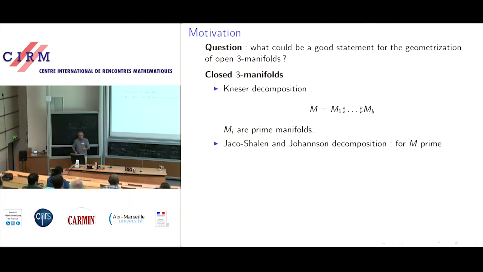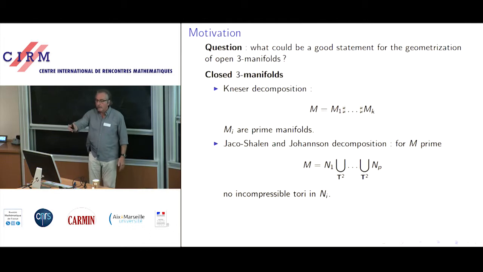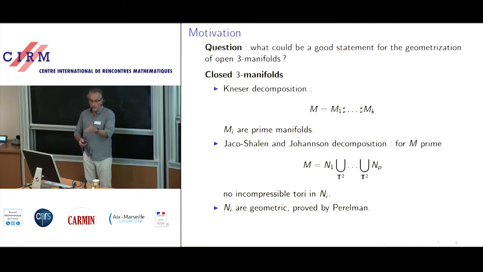And one which is due to Jaco-Shalen and Johannson, where you decompose a three-manifold along a bunch of incompressible tori into pieces which are geometric. This is the geometrization, in short. And Perelman proved that the pieces are geometric.